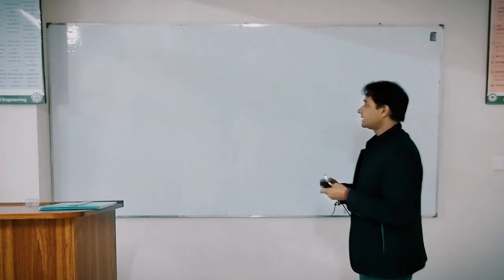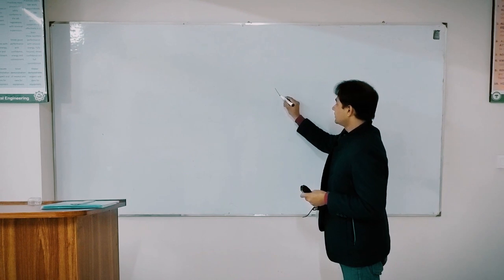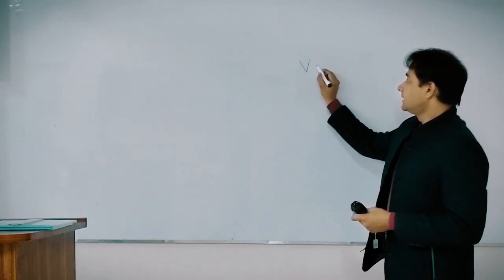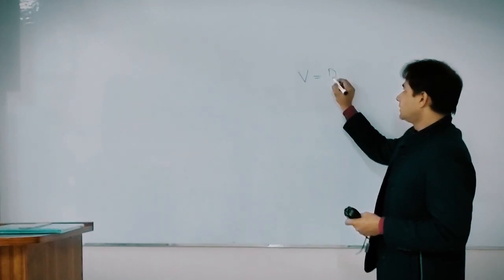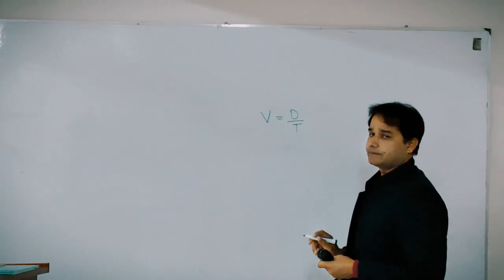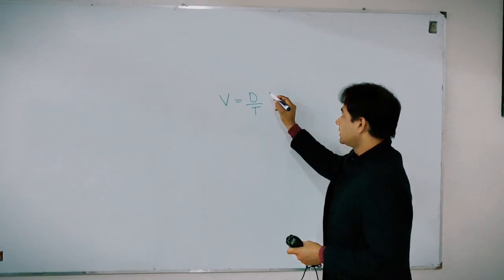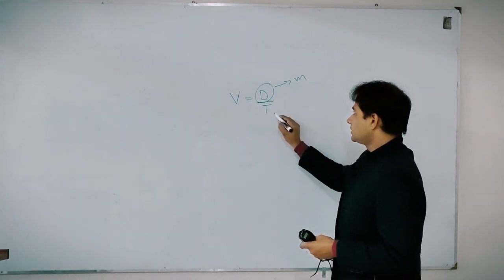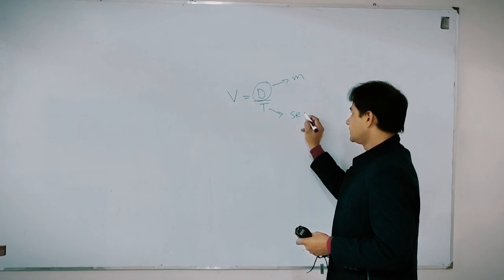So simply we can say that velocity is represented by V, and it is the ratio of distance over time. We will measure the distance in meter units and time will be in seconds.